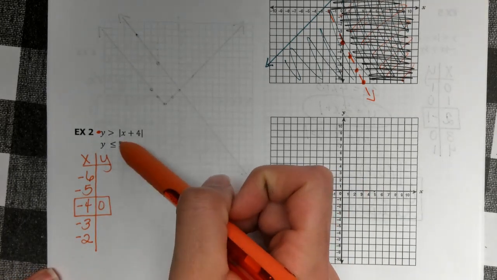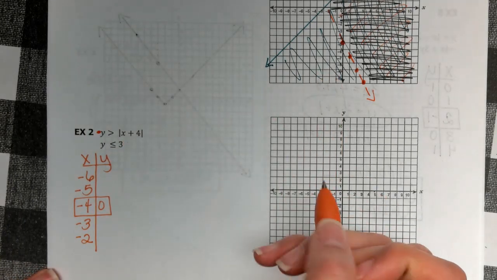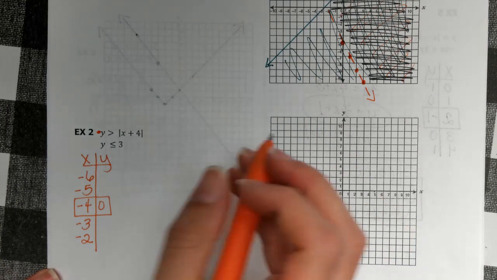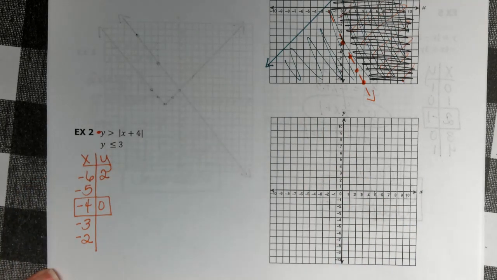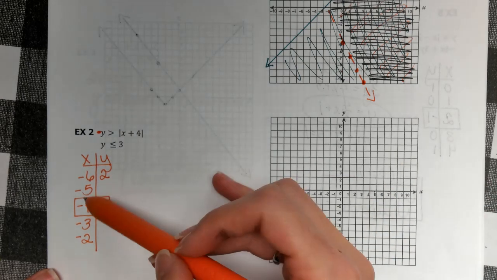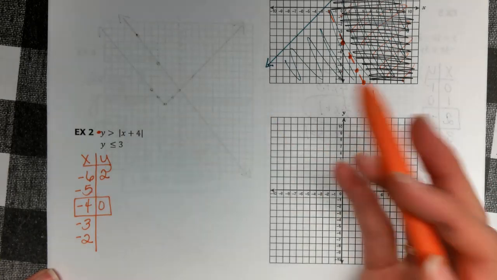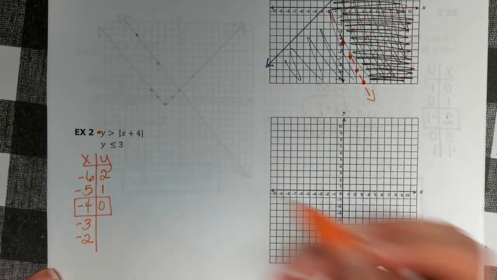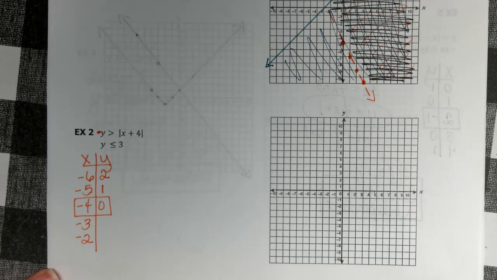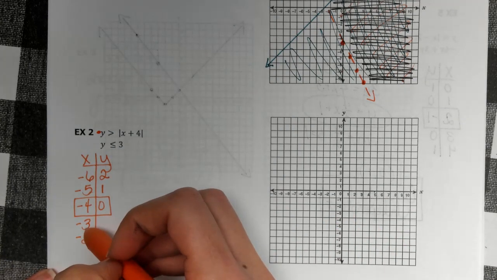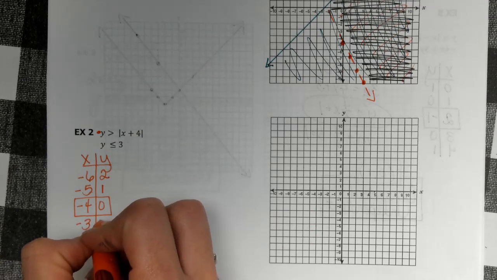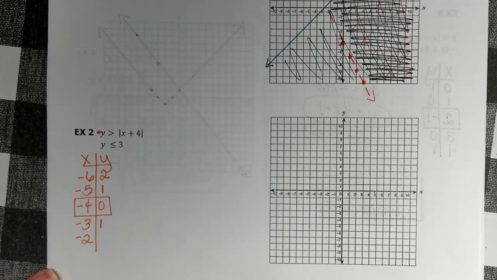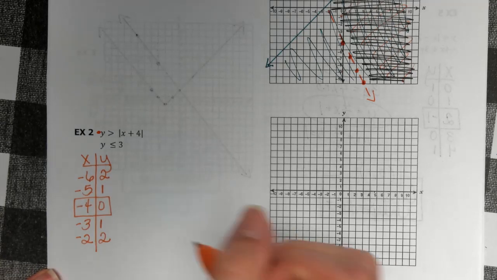What is the absolute value of negative 6 plus 4? 2. What's the absolute value of negative 5 plus 4? 1. What's the absolute value of negative 3 plus 4? 1. And the absolute value of negative 2 plus 4 is 2.